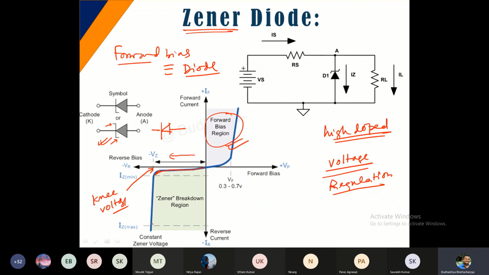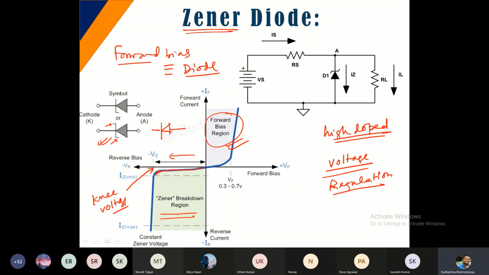This is what we call the Zener breakdown voltage. So for reverse bias, initially there will be a small current of microamps, then at a certain value the reverse current increases rapidly and sharply.